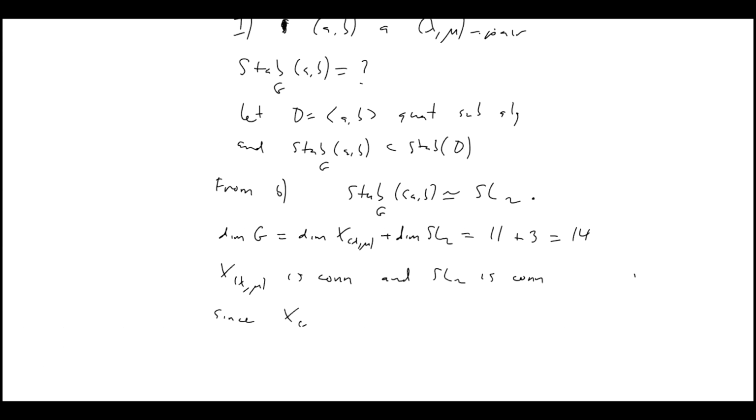But since X is G mod SL2, then G is connected as well. So this wraps up step 1, proving that G is connected and computing its dimension, which is 14. Any questions on step 1?